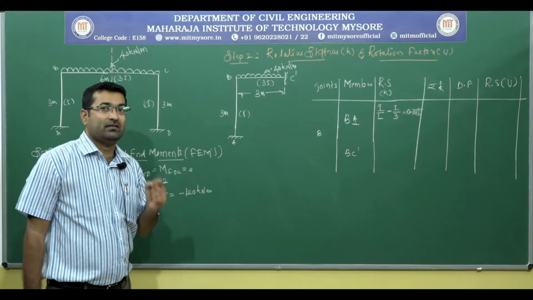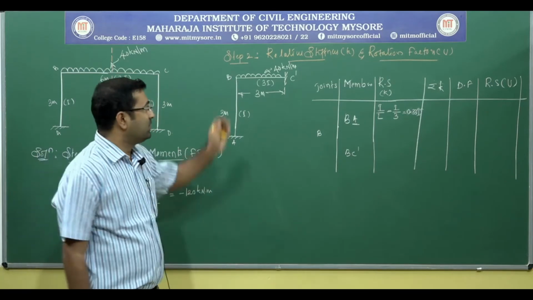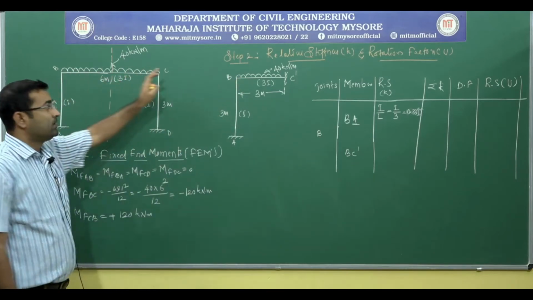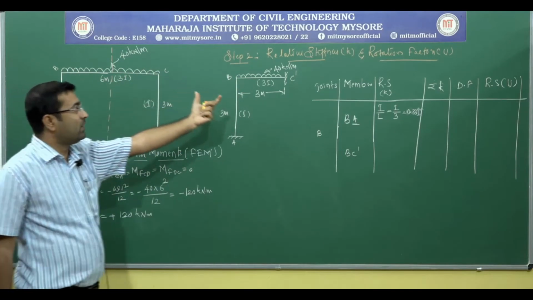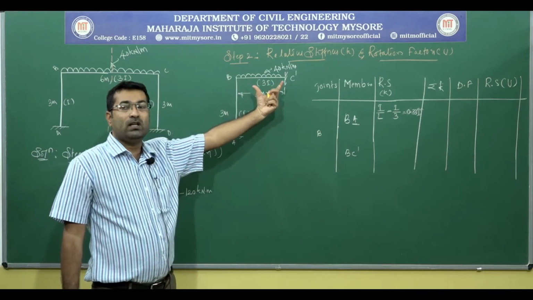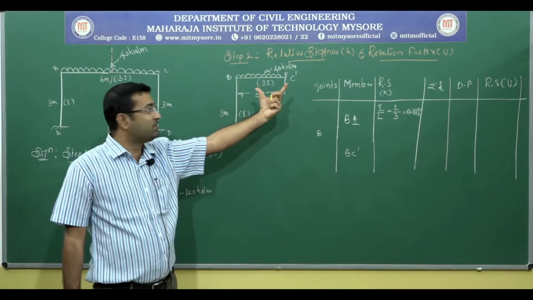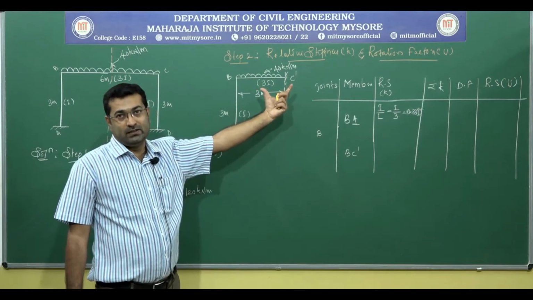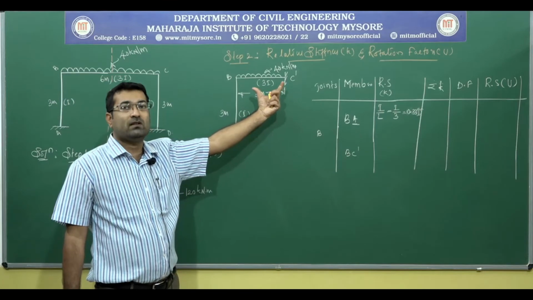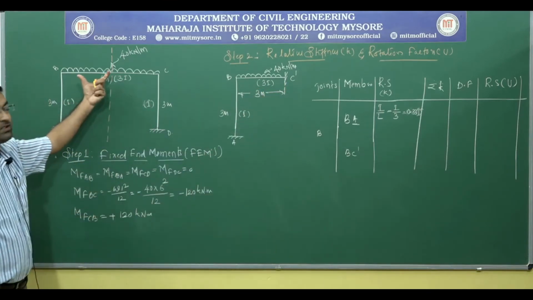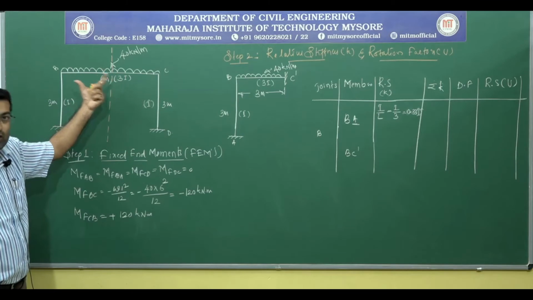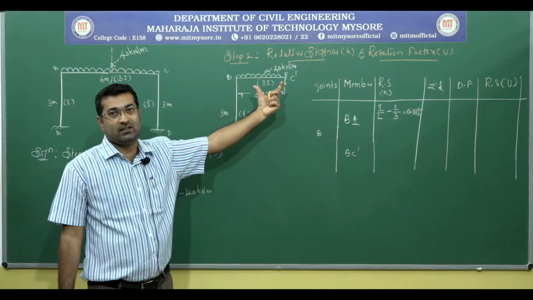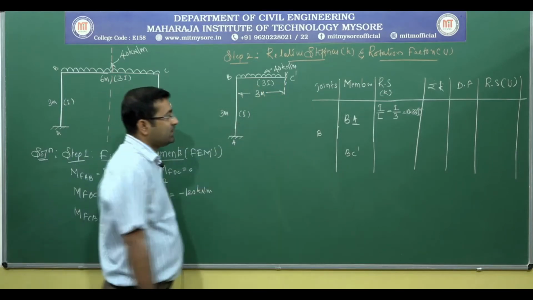Now the change comes into the picture from this point. The original member was BC, but we have taken only BC dash for the calculation, which means we have taken half of the original member. So whatever relative stiffness was supposed to be there for the original member, we need to consider half of that here.